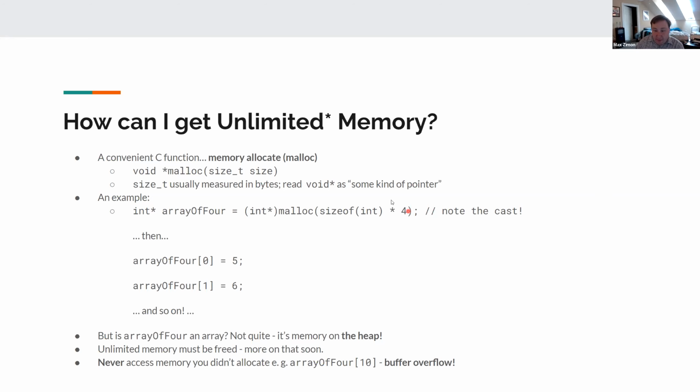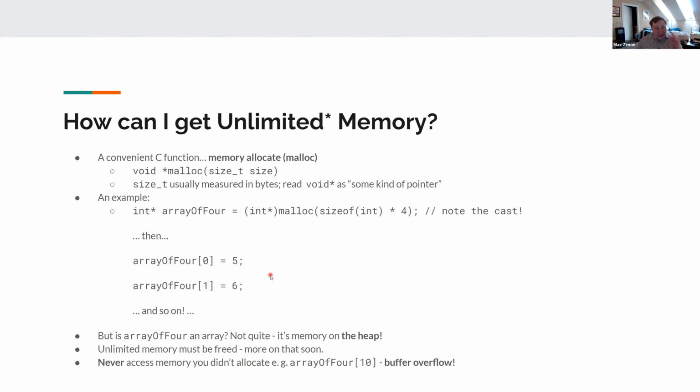And we're going to allocate 4 of them. We're going to take the size of the int. That's what sizeof does. If you pass in a type, it tells you how many bytes you need to store that type. Multiply that times 4. So the size of the int is 4 because it's 4 bytes. We're multiplying that by 4 because we want 4 integers. And we're going to have 16 bytes allocated, starting from the address that malloc gives us back.